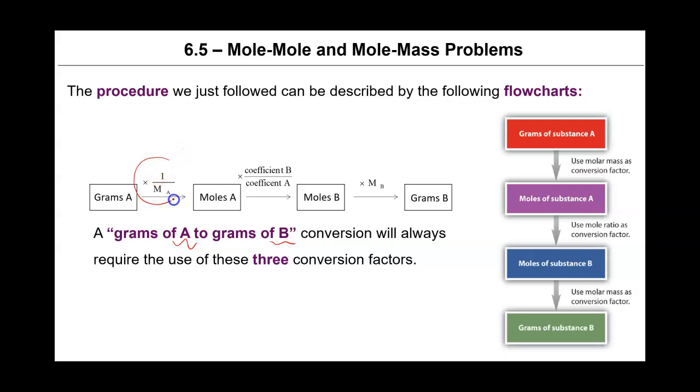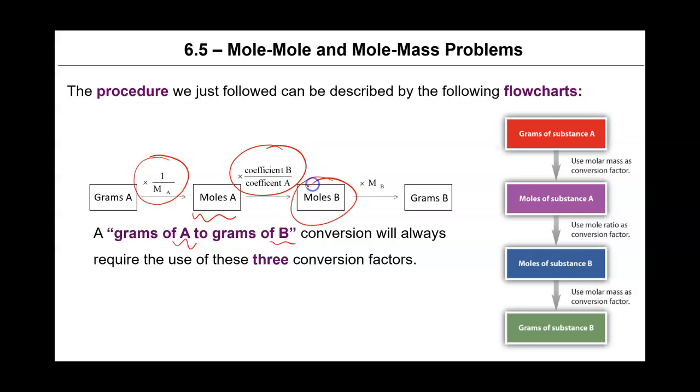First of all, you're going to take your grams of A and multiply it by 1 over its molar mass. That'll give you the moles of A. Once you have the moles of A, you're then going to multiply by the appropriate mole ratio. This will have the coefficient of B on the top line, the thing you're trying to find the grams of, and the coefficient of A on the bottom line, the thing that you knew the coefficient of.